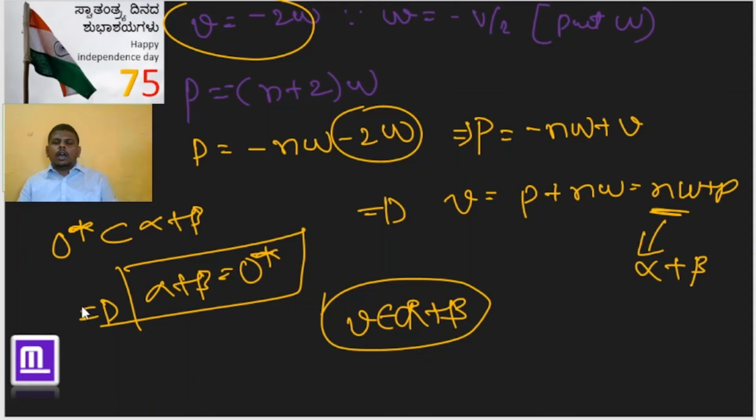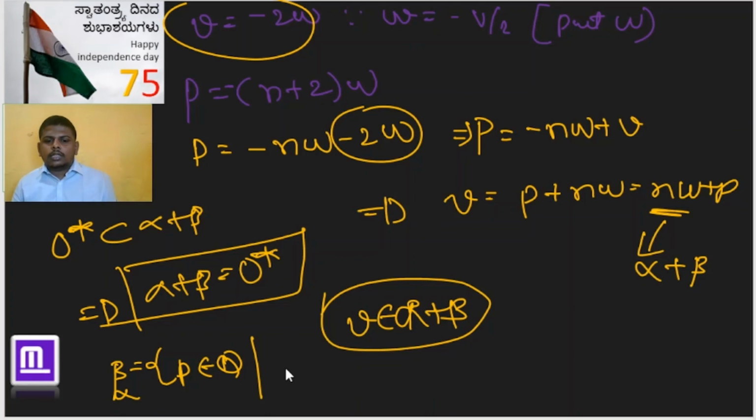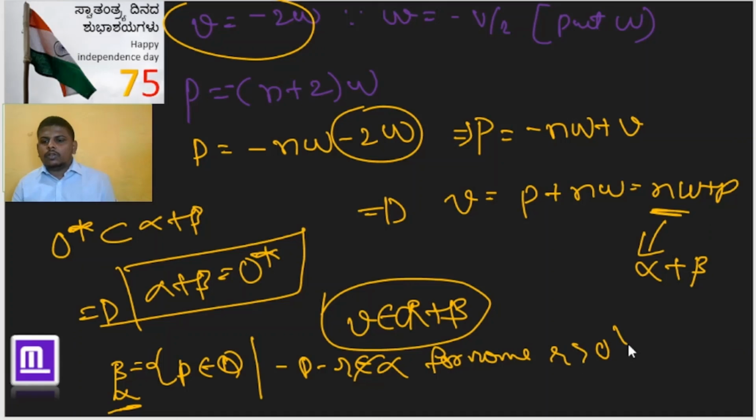So this shows that our beta, depending on the alpha, say beta alpha, is a set of all rational numbers p such that minus p minus r does not belong to alpha for some positive number r. This is the additive inverse of the alpha.